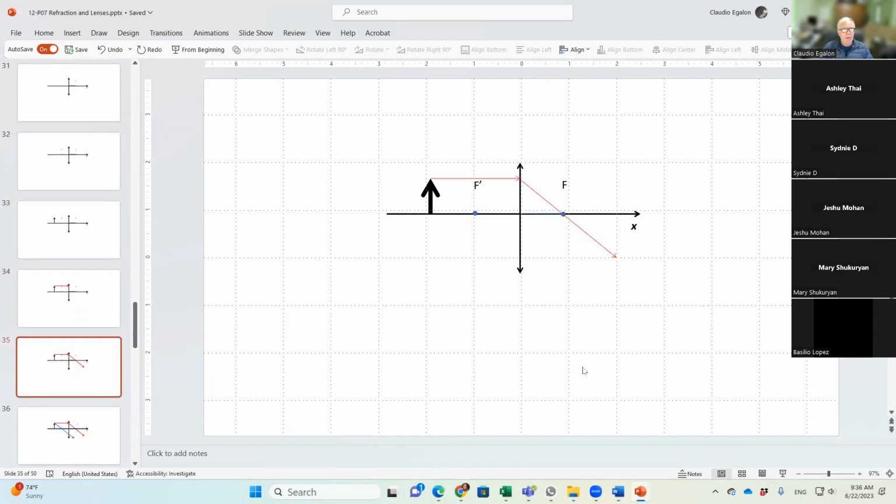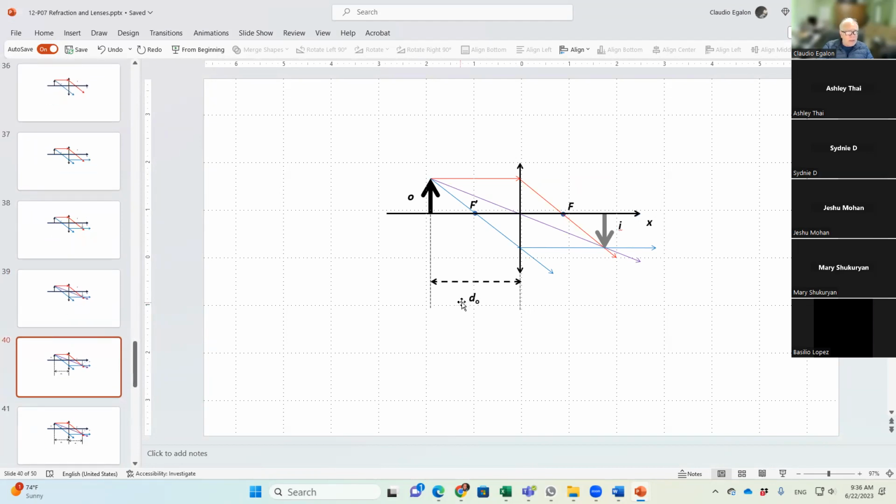Light ray parallel refracts towards the focal point behind the lens. Light ray passing through F prime is refracted parallel to the axis. At this point, you already can draw the position of the image, right? But then if you want to add the third light ray that goes through the center of the lens, you can do that too.